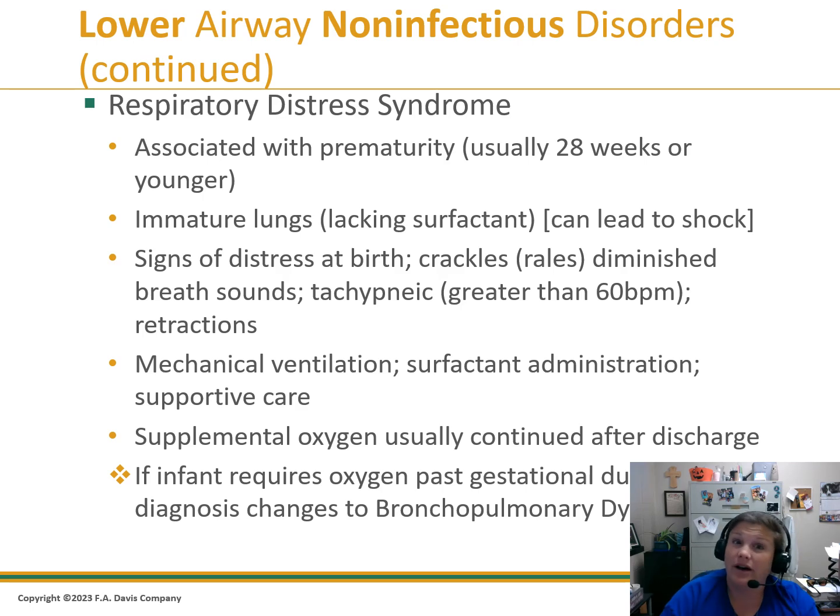So the reverse is true: BPD is a chronic form of RDS. You get the diagnosis BPD if you already had the diagnosis RDS and it's not resolved by the time the child is gestationally full-term, 40 weeks. If that was confusing, just listen to it again.